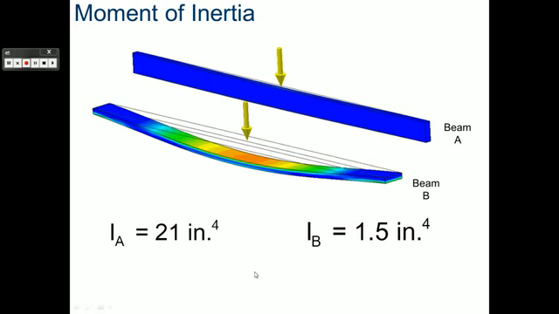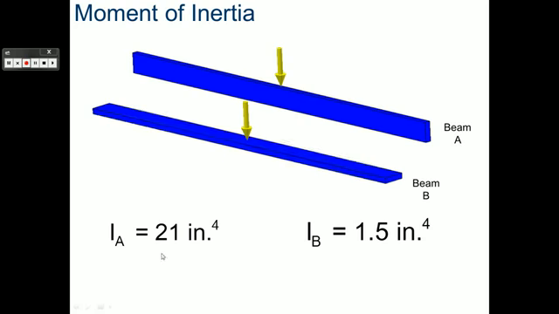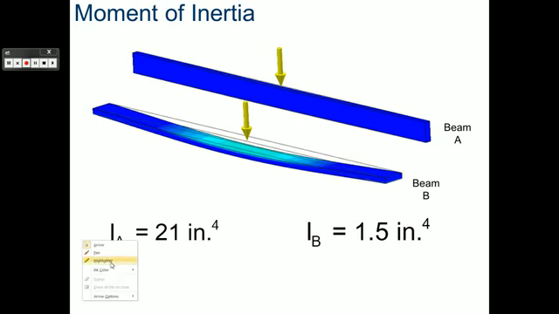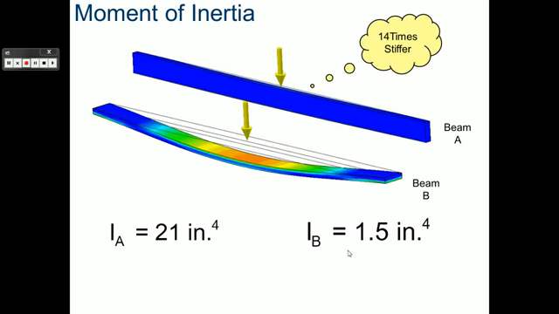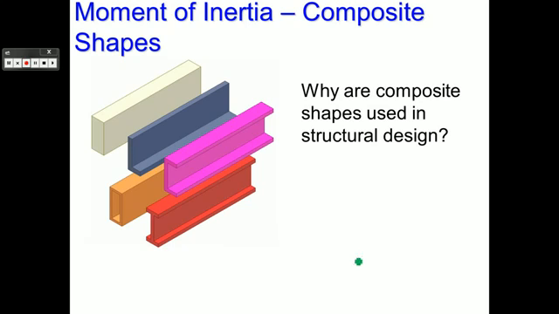So here it's showing you the two different moments of inertia, so you can see both of them. For beam A, it's 21 inch to the fourth power. For beam B, it's 1.5 inch to the fourth power. So the joist orientation is 14 times stiffer.